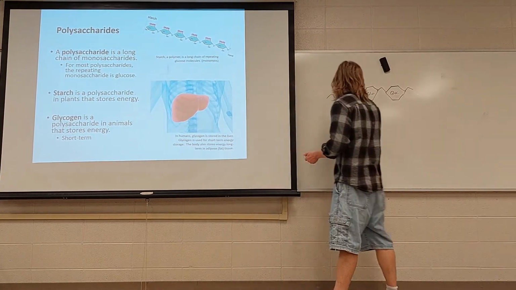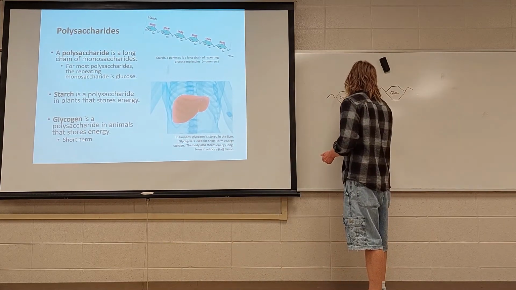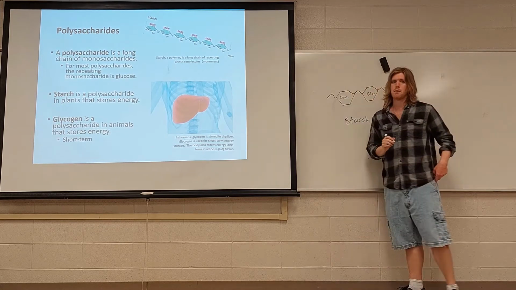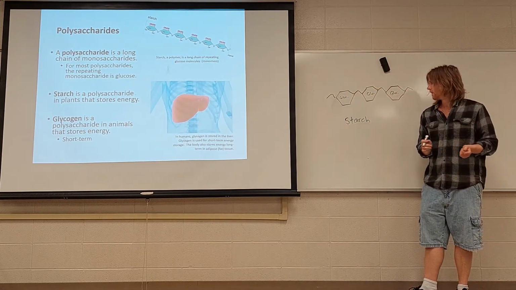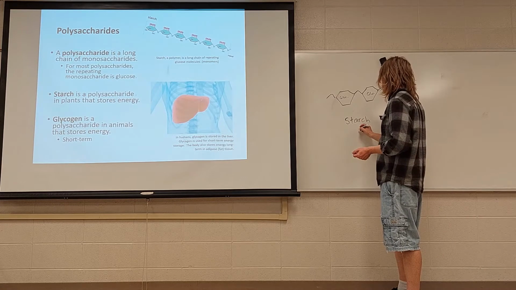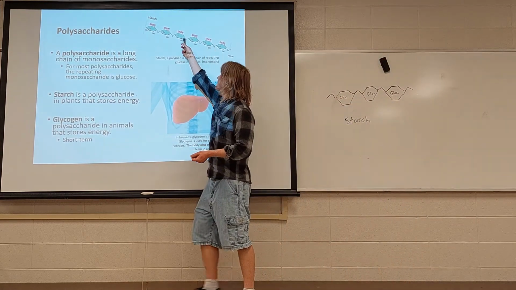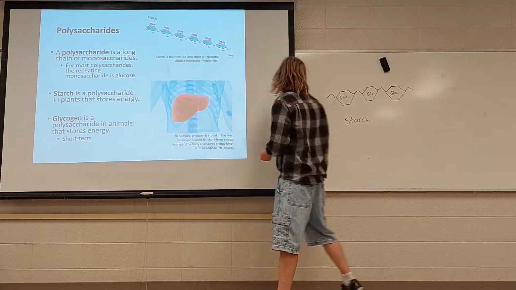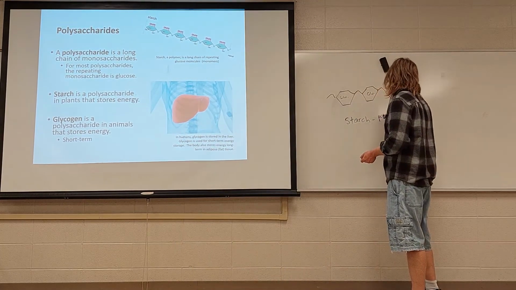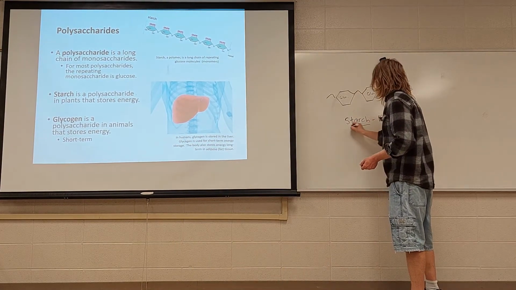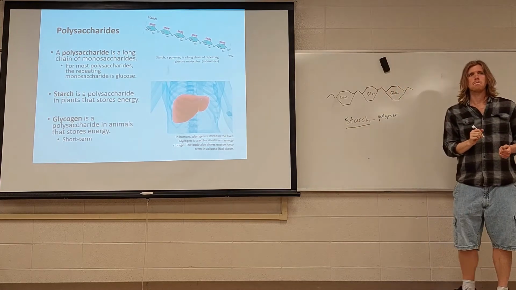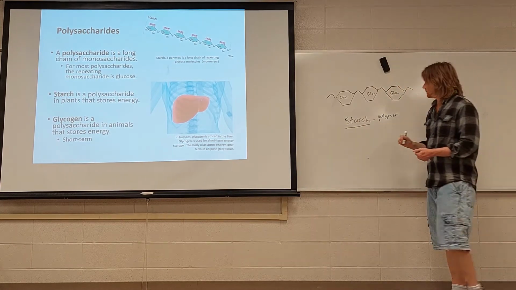So plants use starch to store energy. I like to use potatoes as the example because everybody's familiar with them. But starch is just this really long chain of one glucose molecule after the other. And so starch is an example of what's called a polymer, right?